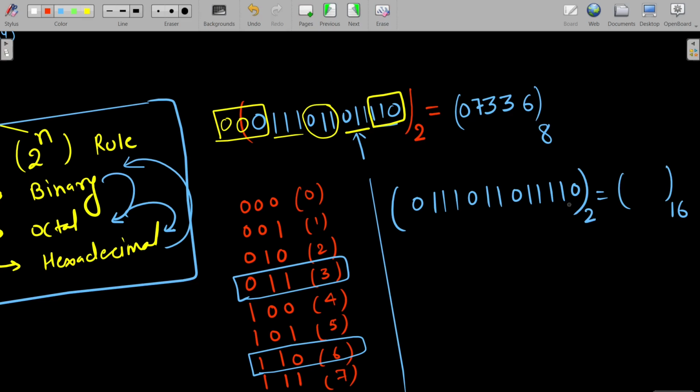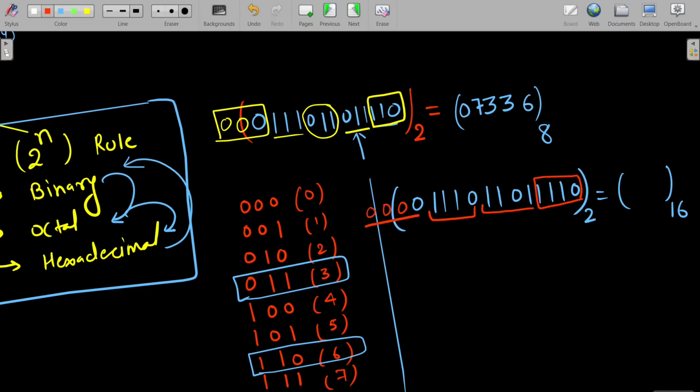Why 4 bits? Because hexadecimal can be represented with 4 bits. So you start grouping bits from the right side in groups of 4. See the first group of 4 bits, then this one, then this one, and at the end, if you don't have 4 bits, you can pad it with the required number of zeros.